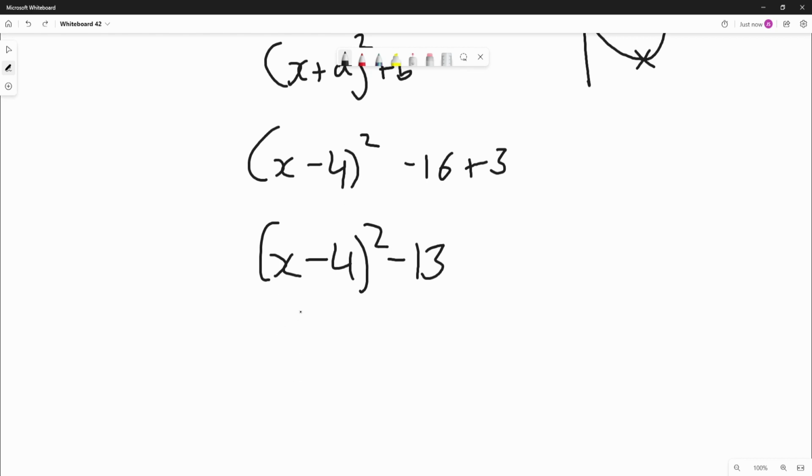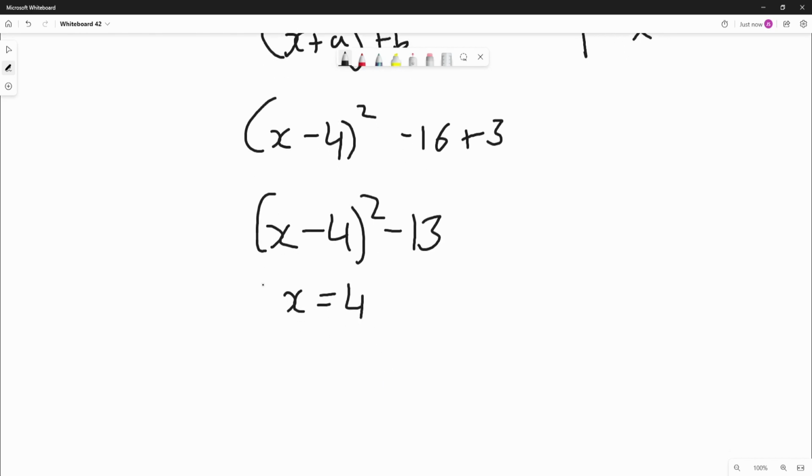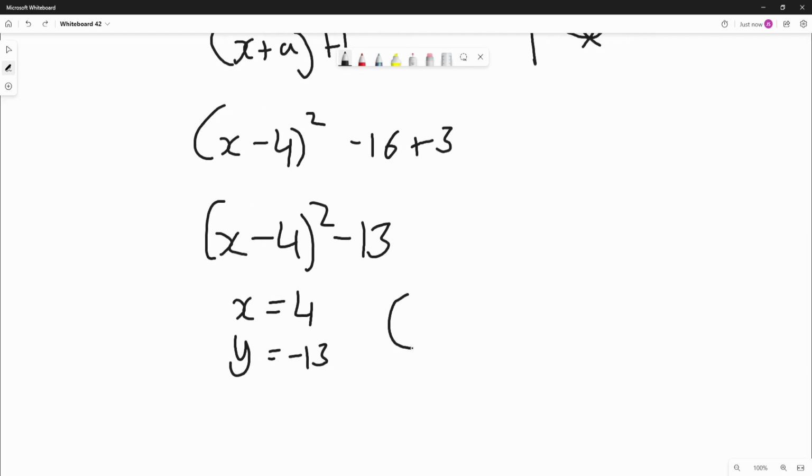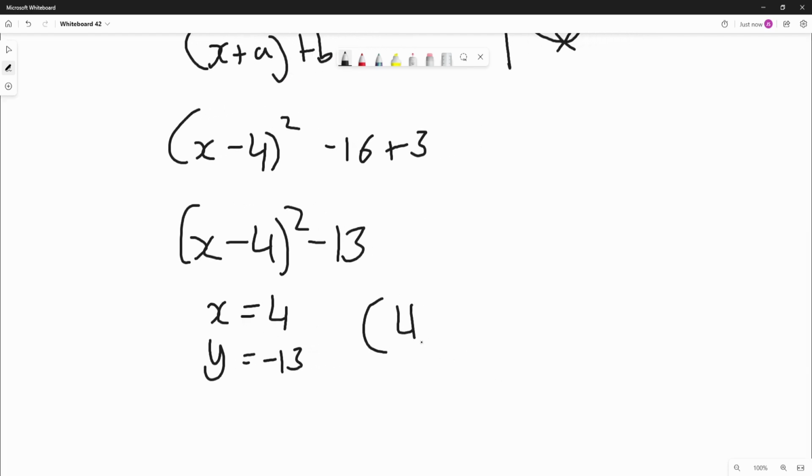In this case, x has to be 4 to make this a 0. So this cancels out, and your y coordinate will be whatever remains, which is negative 13. So y will become negative 13. The turning point of this graph is going to be (4, negative 13).